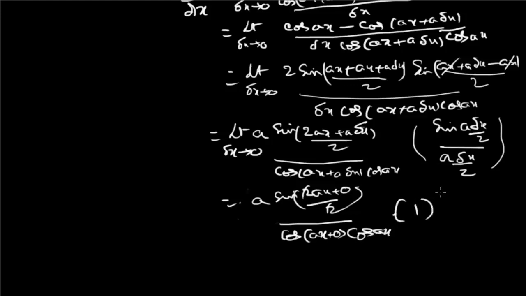That 1 is sin theta by theta, theta to 0, is 1. Here 1 by cos ax is secant ax, and a is already there. So a secant ax into sin ax by cos ax is tan ax. This is dy by dx.